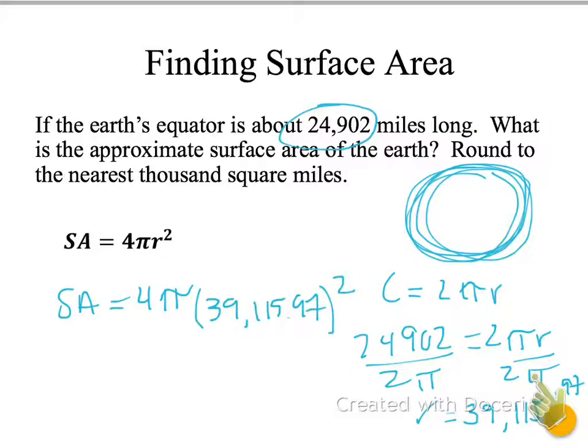And square it. So my surface area, we're going to keep it in terms of pi, so let's go ahead and square that first. It's going to be big. So 153,005,9119. Okay, and then we got to multiply it times 4.